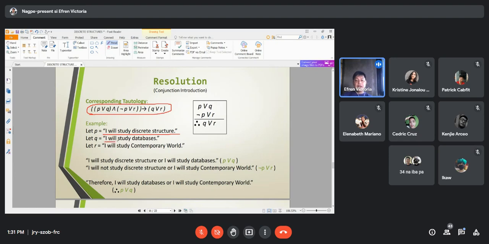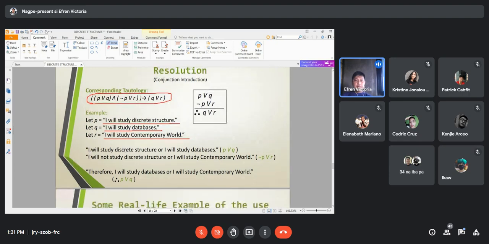Let Q, I will study databases. Let R, I will study contemporary world. So, I will study discrete structure or I will study databases, yung premise 1 natin, using OR.